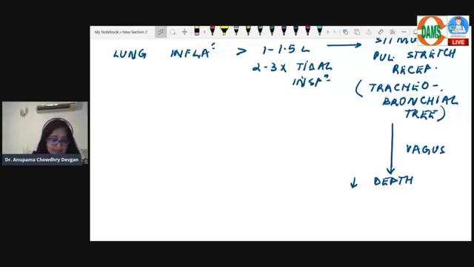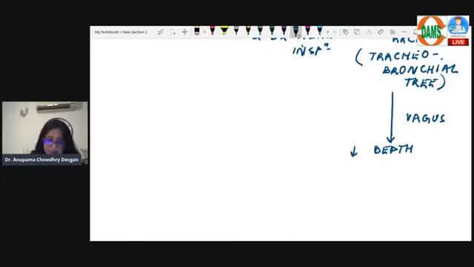Now, if you try and see this, if you've got inspiration, expiration here, okay? Inspiration, expiration, okay? So, if there is a decrease in the depth of inspiration, what will happen? Remember, there is no change in the rate.